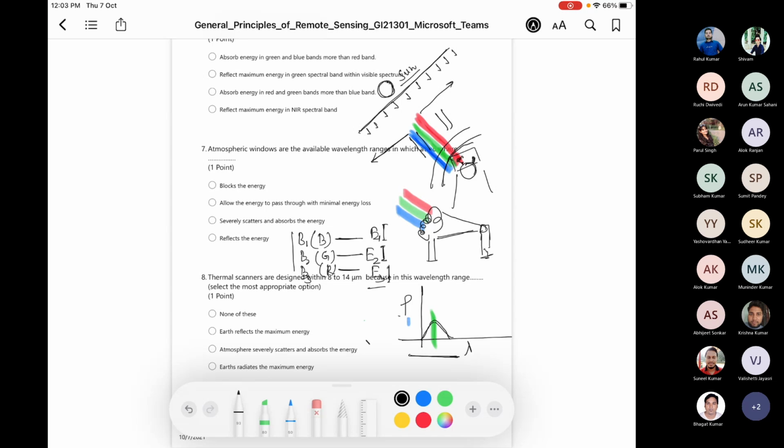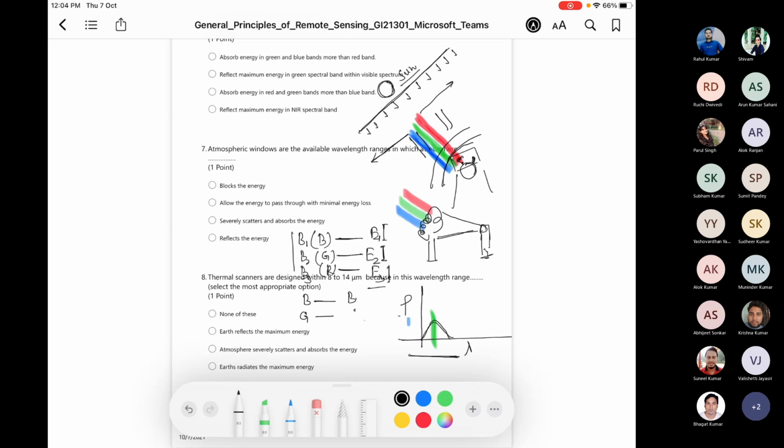So further, what will happen? The DN number is assigned, and finally the color assignment. If you see the mapping, for the blue band, blue color is assigned.